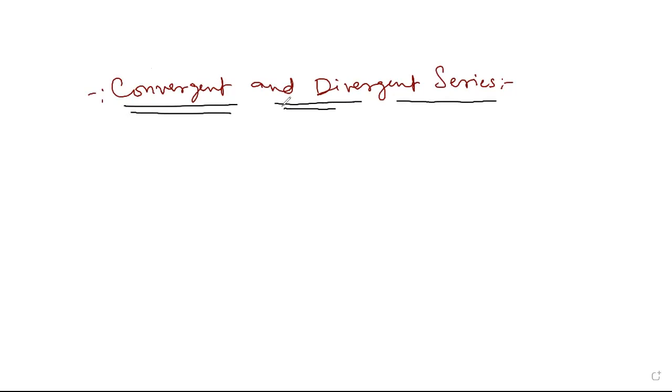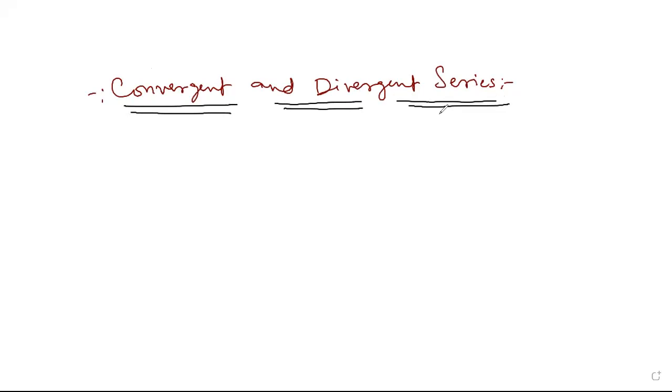So let us discuss the idea. We have been talking about series which have a finite sum in the last two lectures. We have also seen that there are series which do not have finite sums.